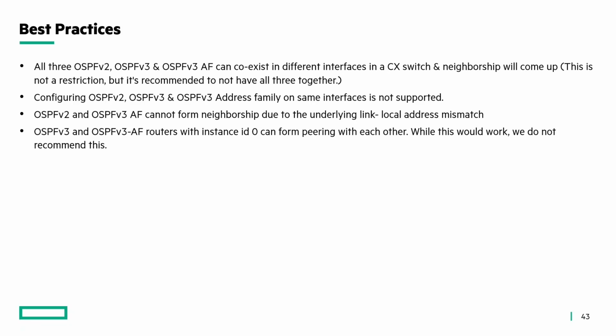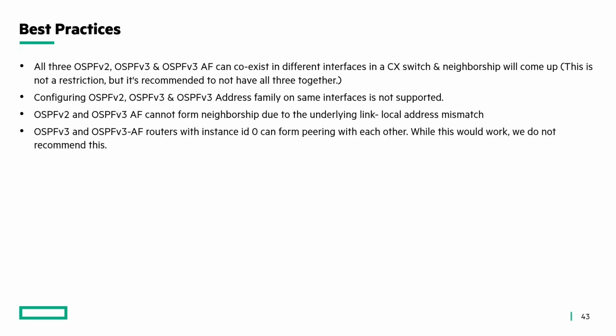So let's look at the best practices for the OSPFv3 address families. All three, that is OSPFv2, v3 and v3 AF, can coexist on different interfaces in a CX switch, and neighborship will come. This is not a restriction, but it is recommended to not have all three together.